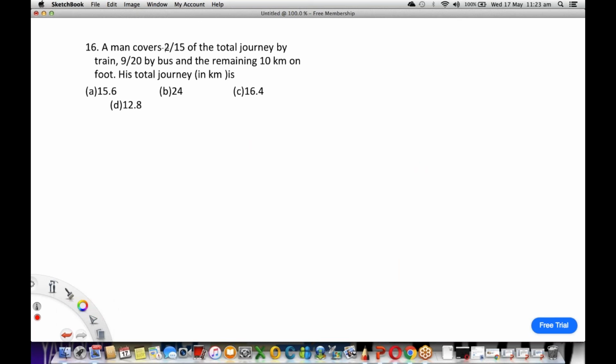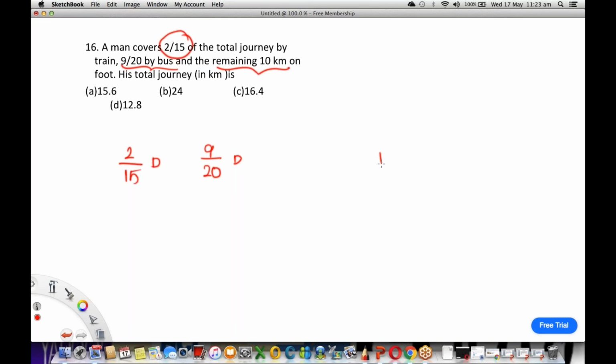It was very clear information that the man covered 2 by 15th part of the distance with the train, and 9 by 20 he covered with the bus. The remaining 10 kilometers he went on foot. So what is the meaning of this?